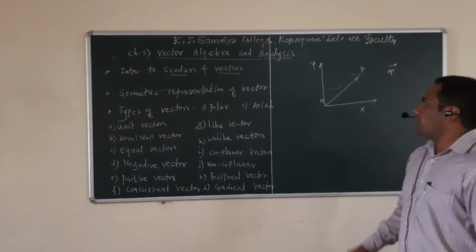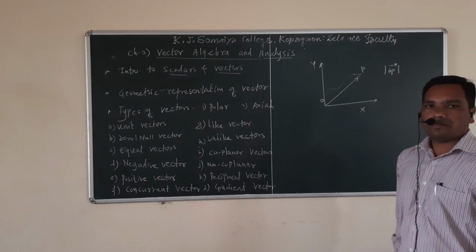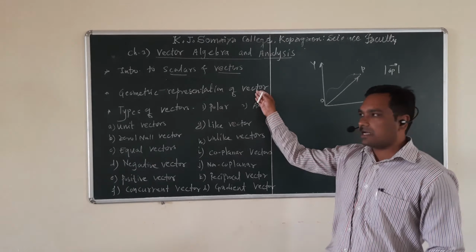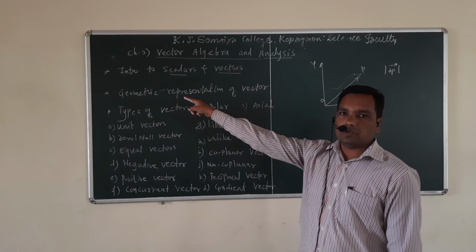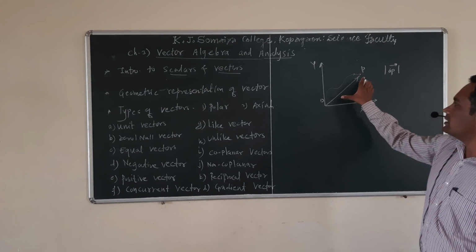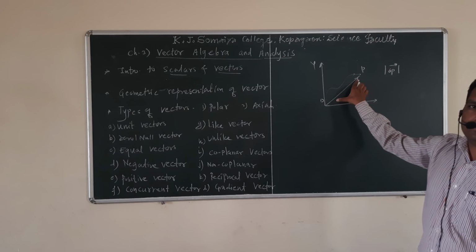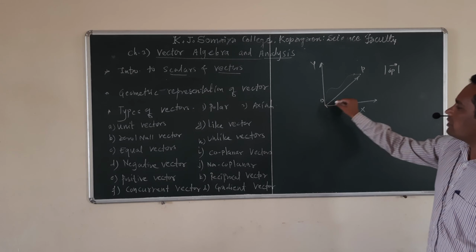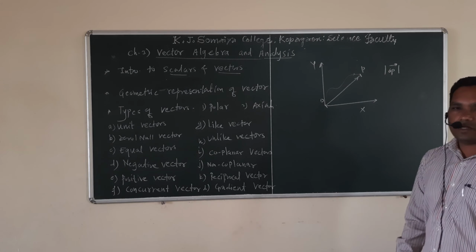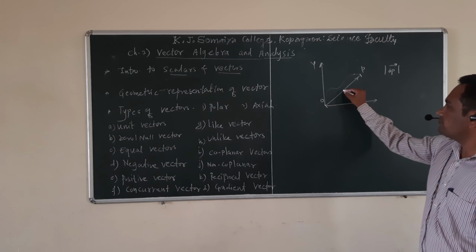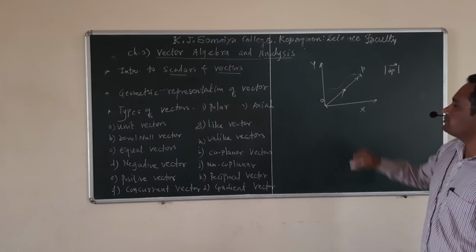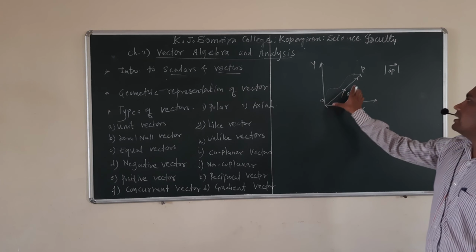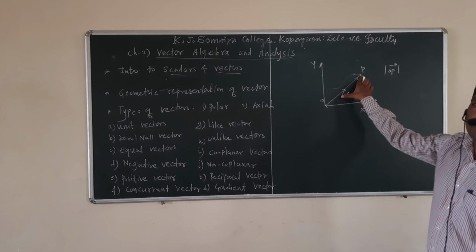So geometrically we have to take, this is for a planar vector, two axes x and y, and we can show that vector as vector OP. The magnitude of any vector is a scalar quantity. Magnitude is nothing but the length of this vector. Length means distance from here to here. Suppose you take another vector like this, we say OQ, then the magnitude of vector OQ is less than the magnitude of vector OP.